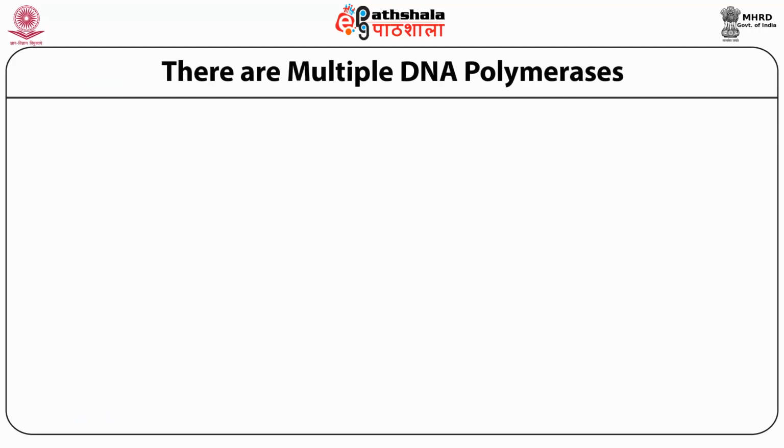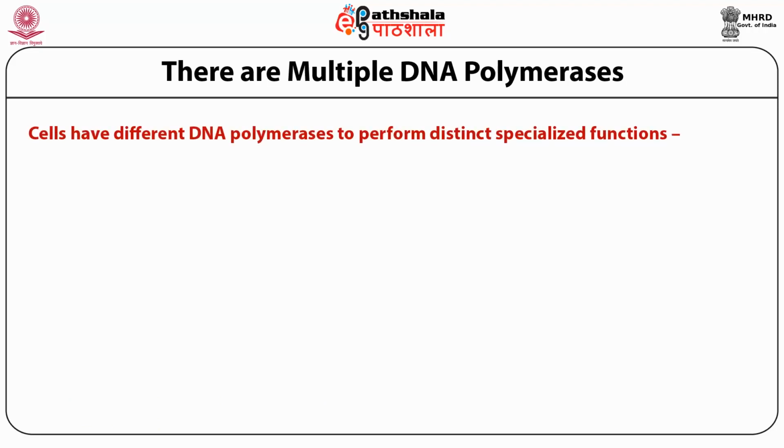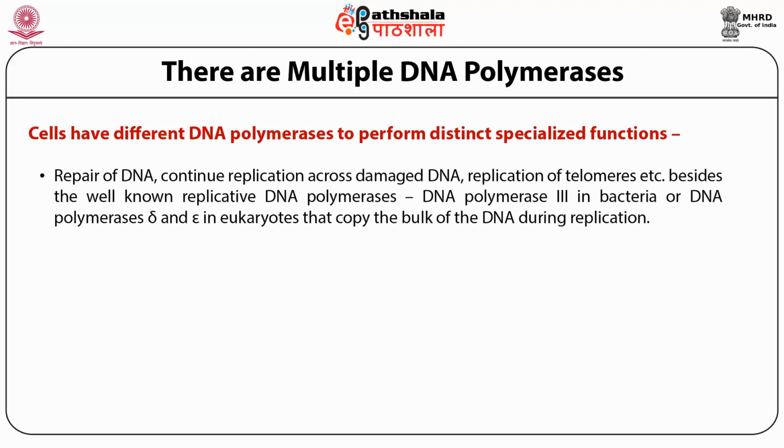There are multiple DNA polymerases. Cells have DNA polymerases to perform distinct specialized functions such as repair of DNA, continuing replication across damaged DNA, replication of telomeres, etc. Besides these are the well-known replicative DNA polymerases: DNA polymerase III in bacteria, or DNA polymerases delta and epsilon in eukaryotes, that copy the bulk of DNA during replication.